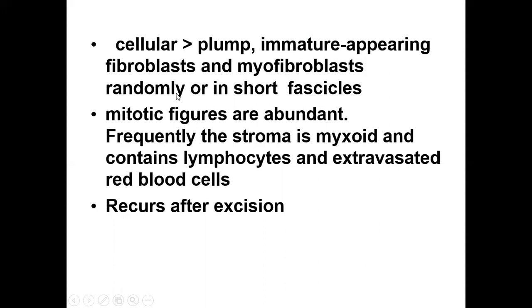They may be arranged randomly or in short fascicles. There are many mitoses, and the stroma is frequently myxoid and contains lymphocytes and extravasated red blood cells. They may recur after excision.